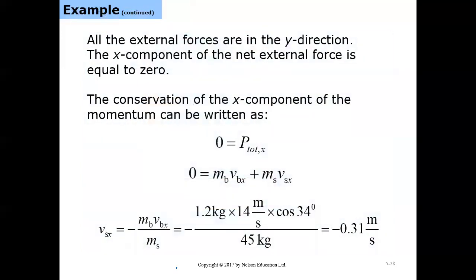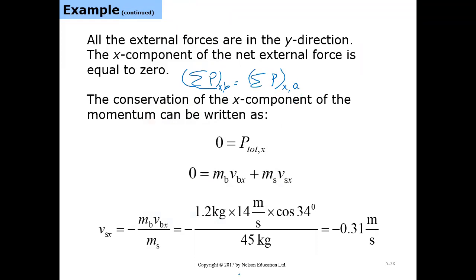So we can say the total momentum in the x direction before is equal to the total momentum in the x direction after.